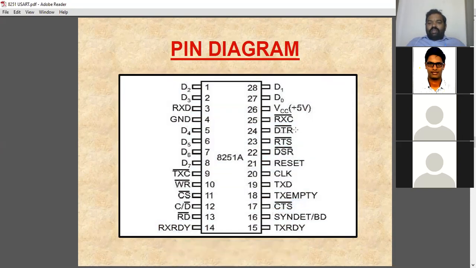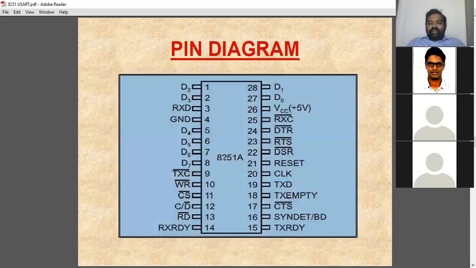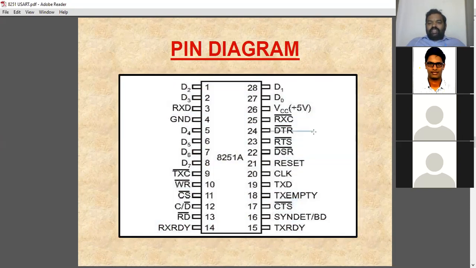DTR, data terminal ready, is an output signal of the 8251. This signal will be connected to the modem, and immediately after the 8251 transmits the DTR bar signal, the modem will send a data set ready signal to the 8251 DSR, right? So DSR is an input signal.